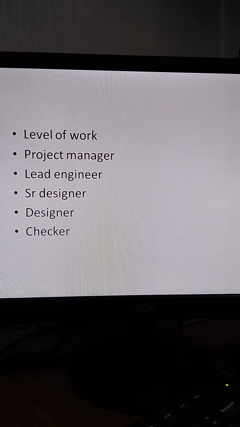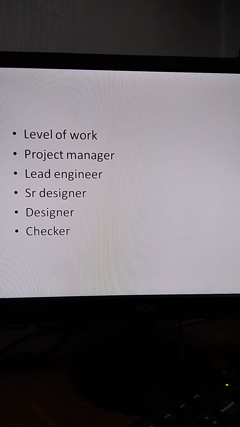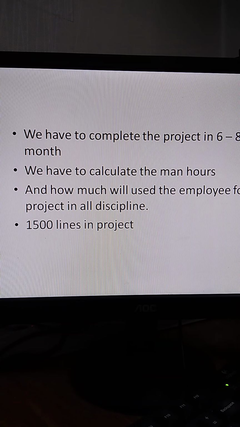To differentiate the level of work, the project manager will be there, lead engineer will be there, senior designer will be there, design modelers are there, checkers are there. Then we have to complete our project in 6 to 8 months. So we have to calculate the man hours and how many employees we will use for the project in all disciplines.